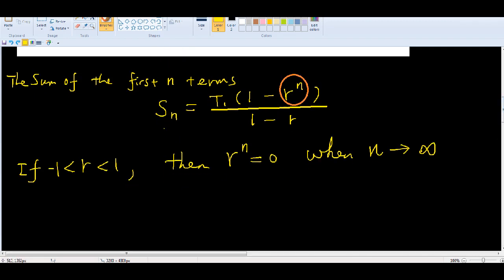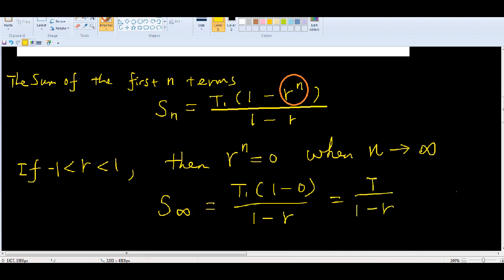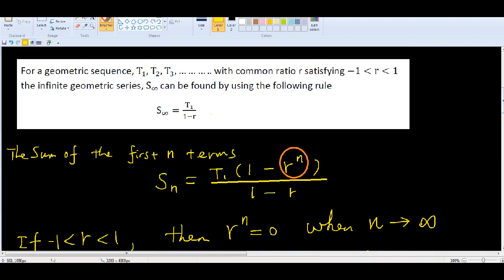So if I change the above formula by using S to infinity, what does that mean? That means r to the power n becomes 0, and 1 minus 0 becomes 1, isn't it? So it becomes t1 over 1 minus r. That's the reason we got this formula. To memorize this formula is actually not that difficult.